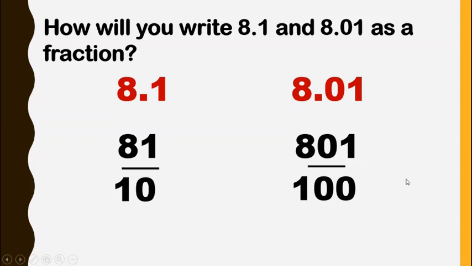So we got 100, or 801 over 100. So always remember, when you are converting a decimal number into a fraction, we need to write the decimal.